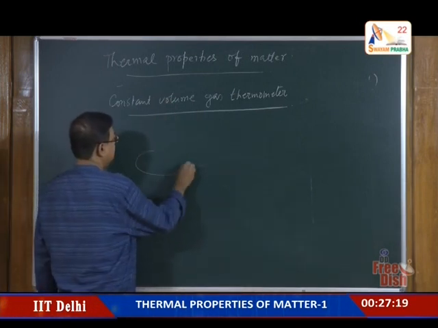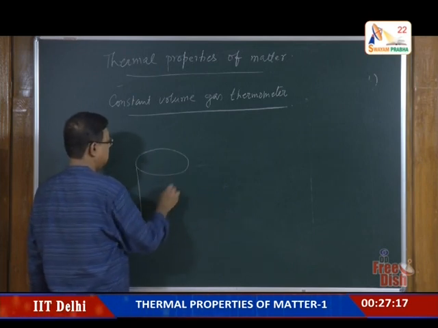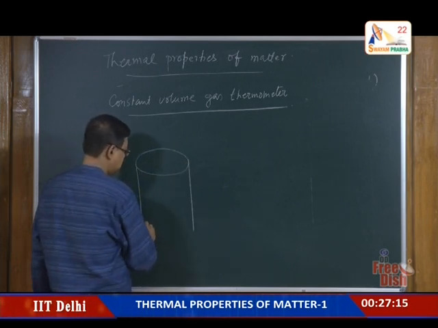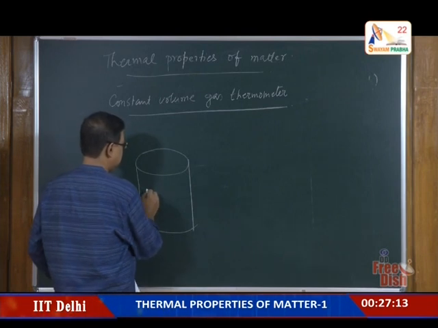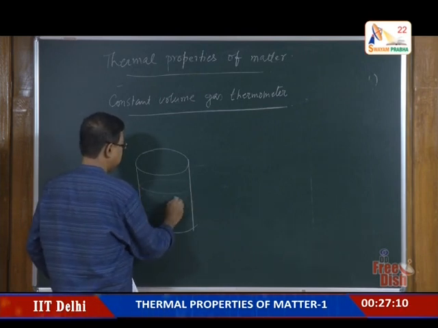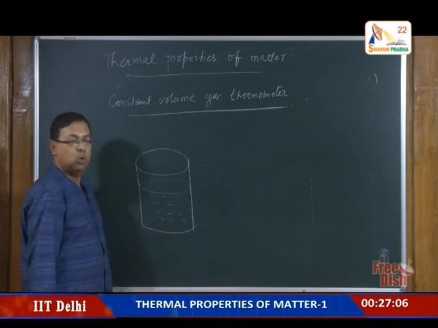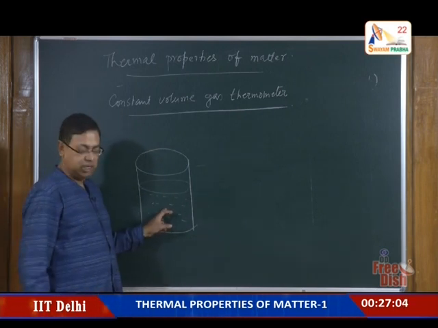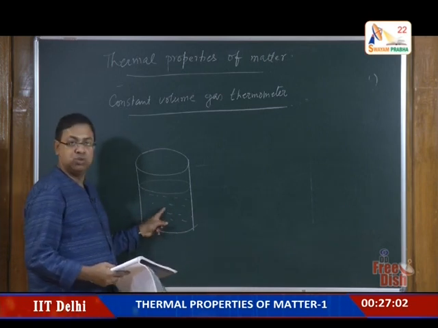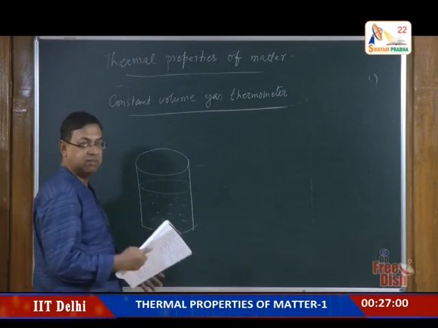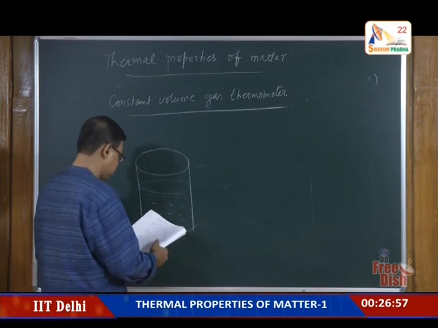So this is a vessel, a container. The container has some substance, let's say a liquid for now, whose temperature needs to be measured. This is at a given temperature and we don't know the temperature of this.